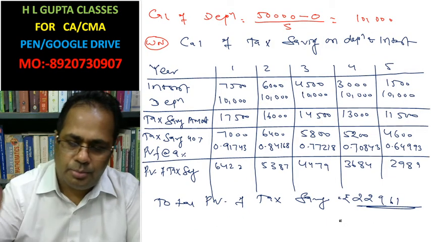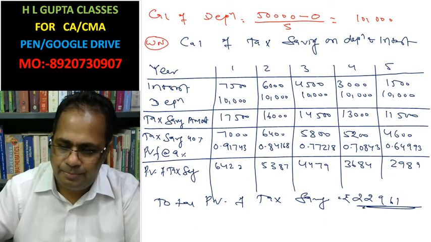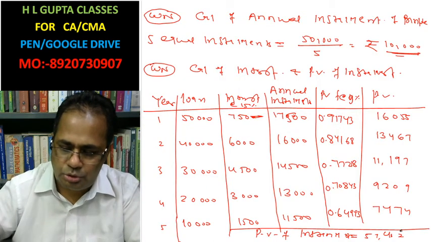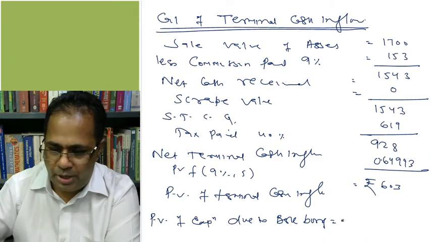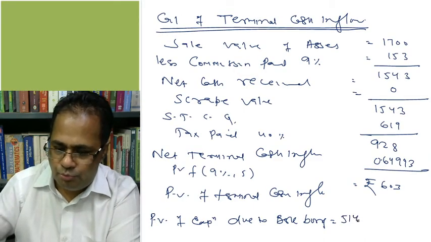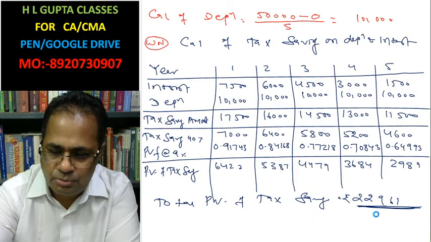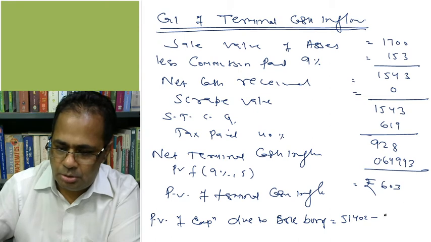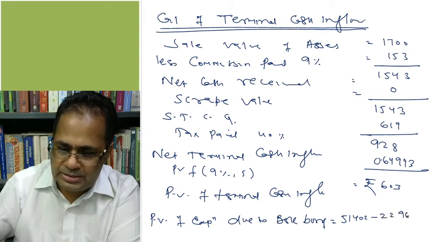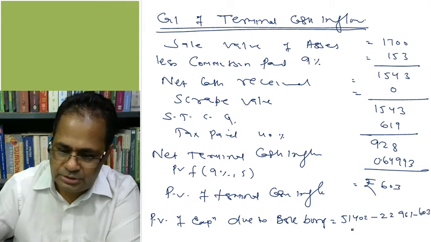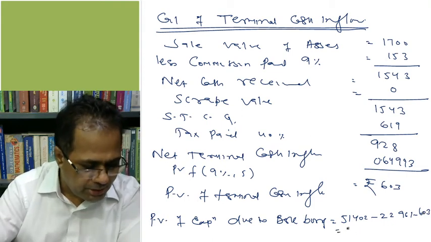Look at here: this is the annual installment 57,402, minus tax saving 22,961, minus 603.